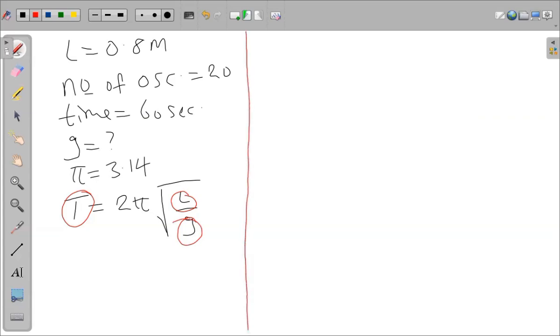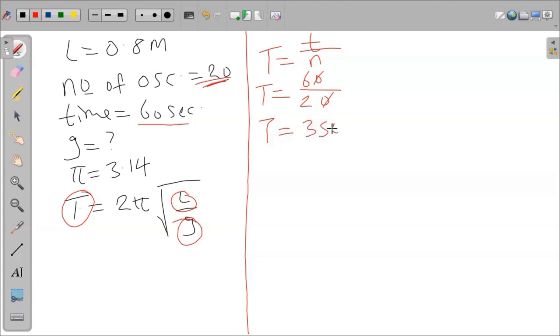Now if you notice in what is given in the question, period is not given. So how are we going to find period? You notice that period T is equal to time over number of oscillations, and we have 20 oscillations here. So my period T is going to be the time, 60 seconds, divided by 20 oscillations. 0 will cancel 0. So my period T is equal to 3 seconds. This is my period.